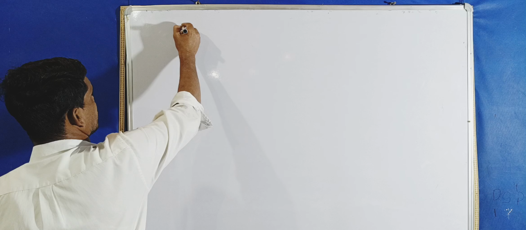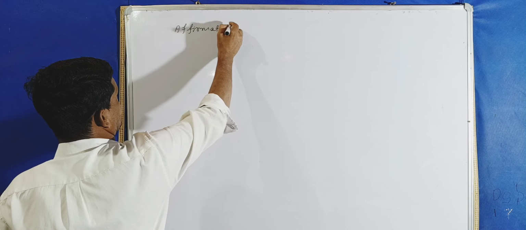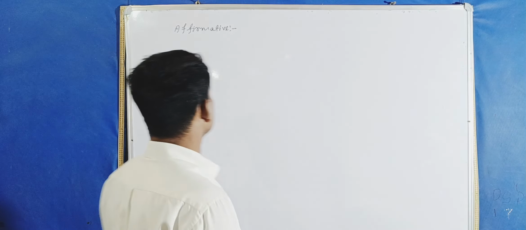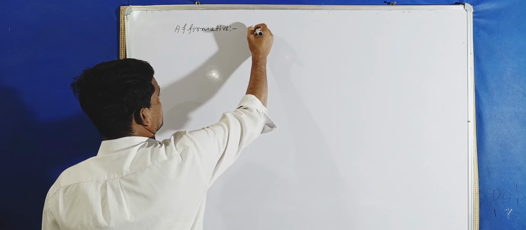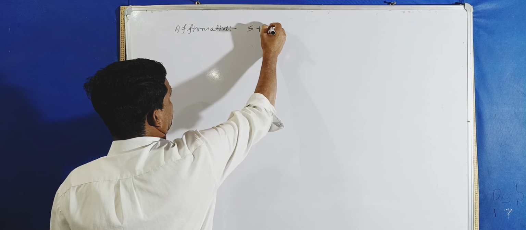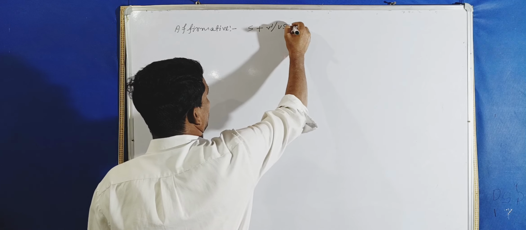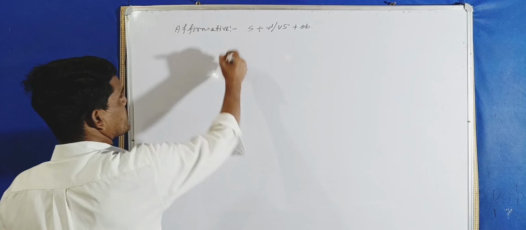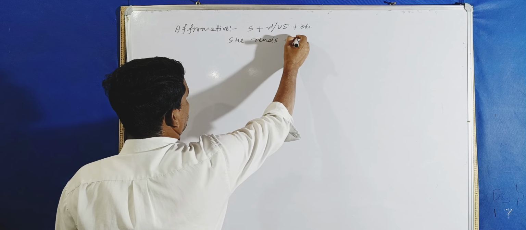Actually, according to persons and tense, verb 1 and verb 5 are used. In affirmative sentences, the structure is subject plus v1 or v5 according to the subject and person, plus object. She reads a book.